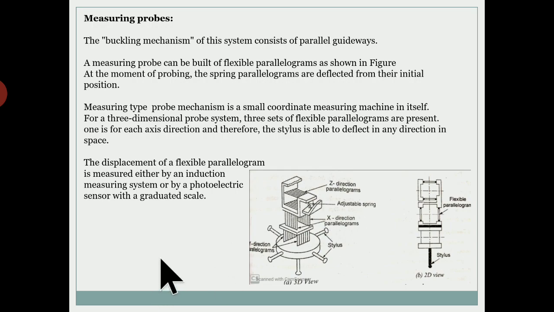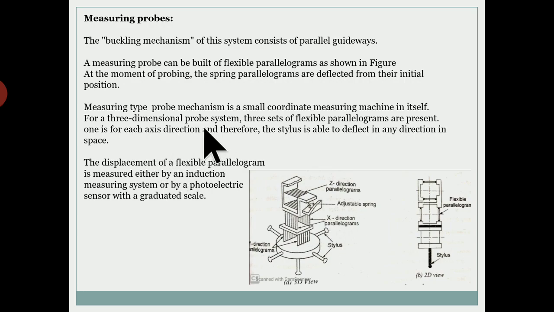Then measuring probes. The buckling mechanism of this system consists of parallel guideways, which is shown here. A measuring probe can be built of flexible parallelograms as shown in the figure, that is z direction parallelograms, x direction parallelograms, etc. The measuring type probe mechanism is a small coordinate measuring machine in itself.